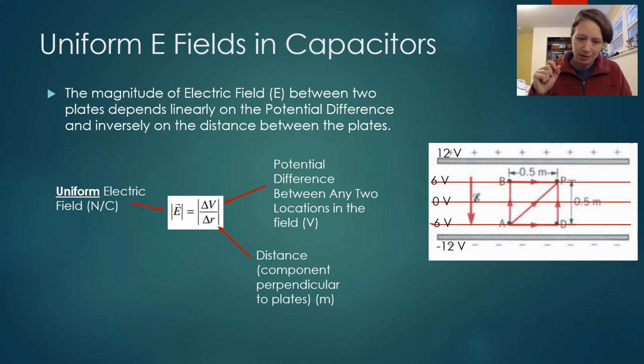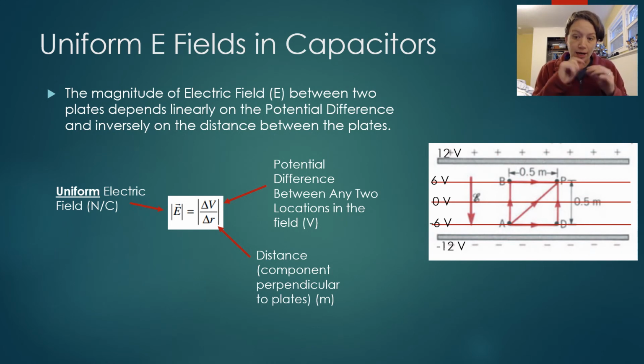One little note about this, that comment about the distance having to be perpendicular to the plates. So if I knew that from location A to location B the distance moved there is 0.5 meters as it's shown, because that entire distance is perpendicular, I could calculate the delta V. So once I know E, I can calculate delta V between A and B by using my 0.5 meters.